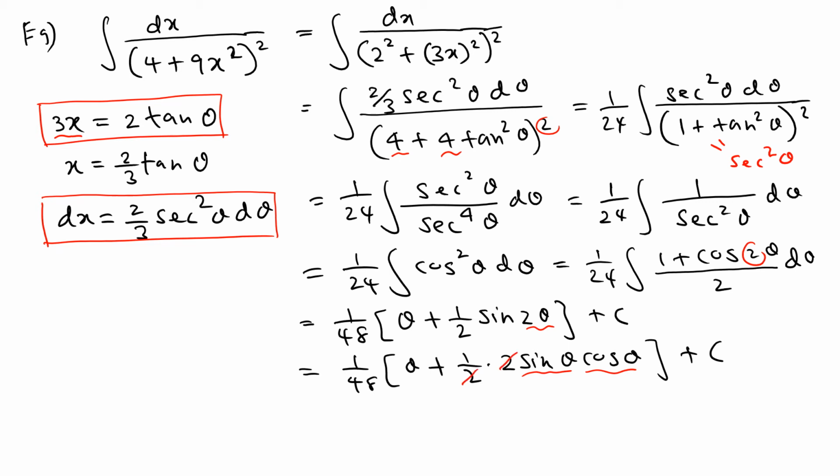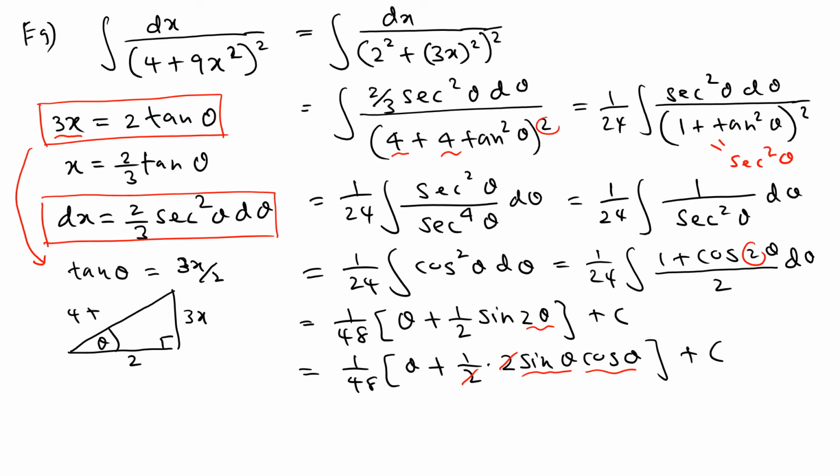So let's try to find the sine using the triangle. We're going to draw the triangle using this identity, because this says that tan theta is simply 3x divided by 2. That means if you draw the triangle, this is the theta, this is tan, so opposite over adjacent. So the hypotenuse is the square root of 2 squared plus (3x) squared.